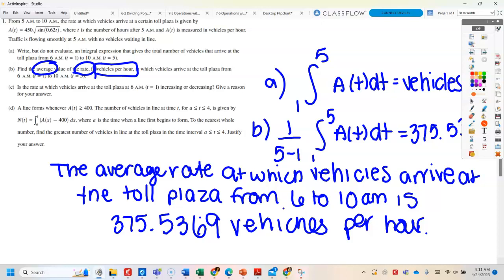Because if you did the slope of the secant for A of t, then what you would have had is vehicles per hour minus vehicles per hour all over hours, which would give you the average acceleration of cars, vehicles per hour. So sometimes just writing out the units is helpful as well.